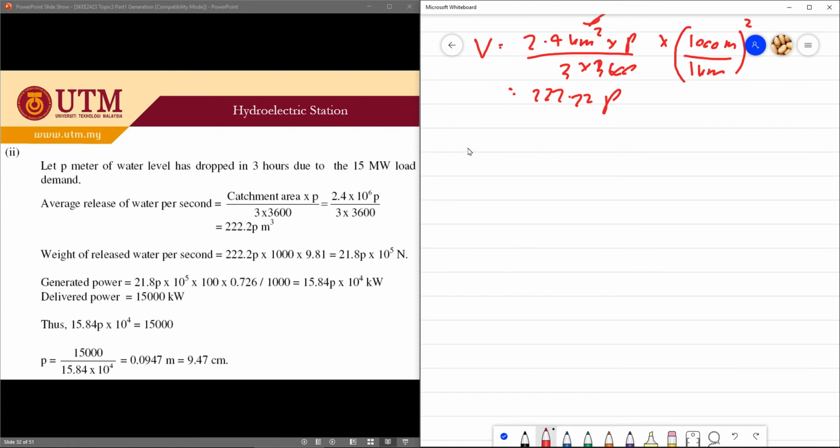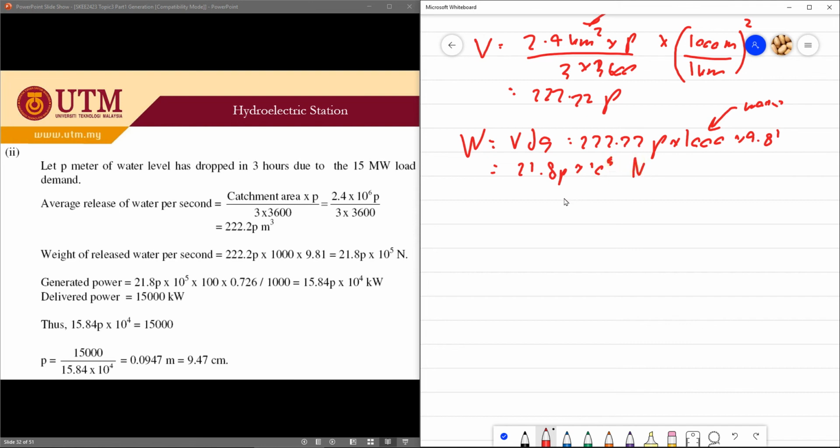Remember W is equal to volume, density, and gravity. So 222.22 P multiplied by 1000 kg per meter cube, which is the density of water. Make sure you know the constant, and 9.81. So the weight of water is 21.8 P multiplied by 10 power 5 Newton.